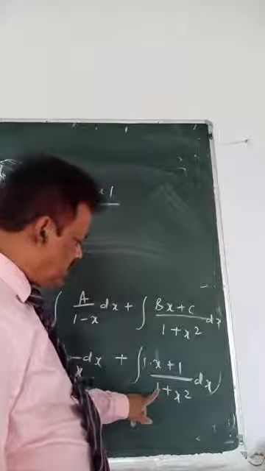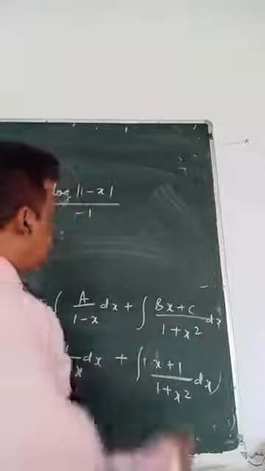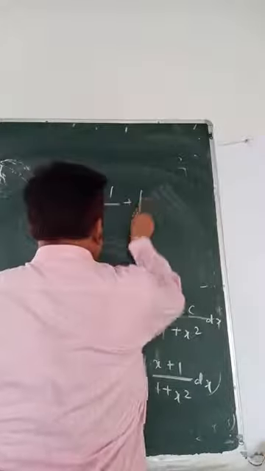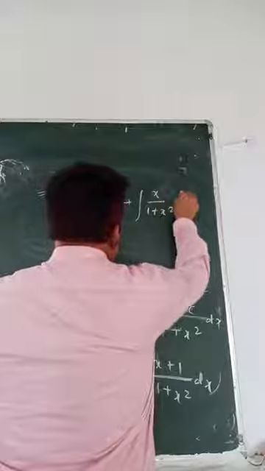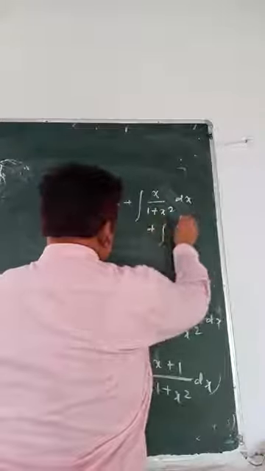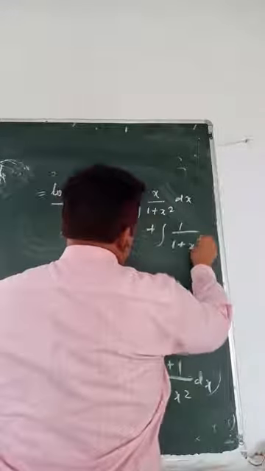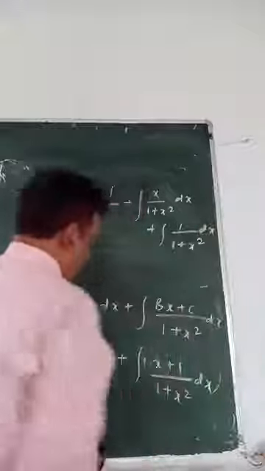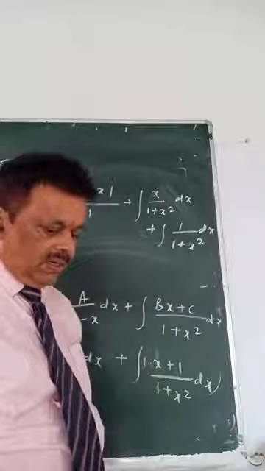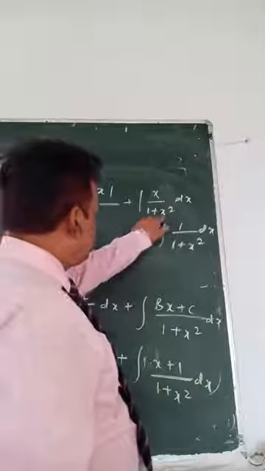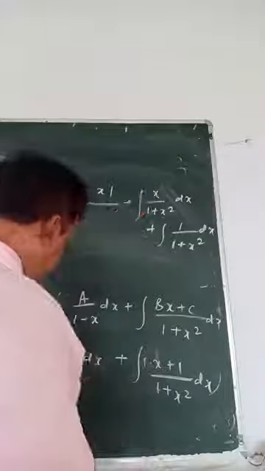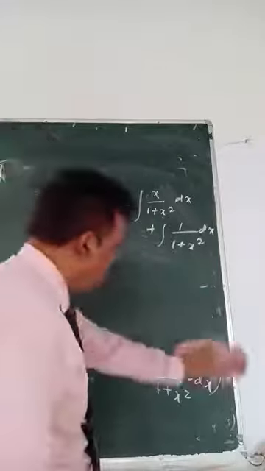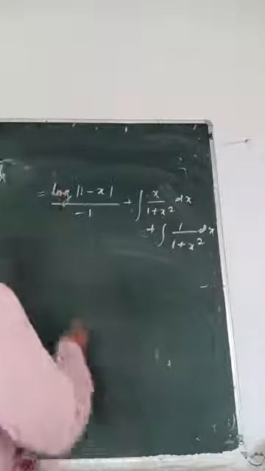Only 2x. That means x you have to separate. x by 1 plus x square dx plus 1 by 1 plus x square dx. I've done a separation. Now look at here. Its derivative is 2x. So I have to make it half into 2.